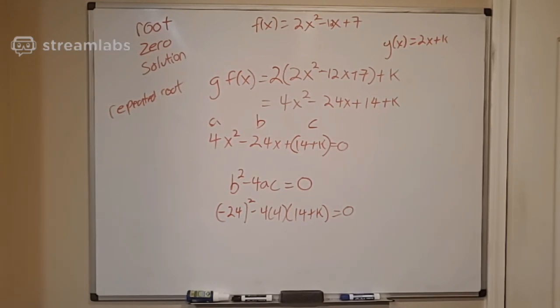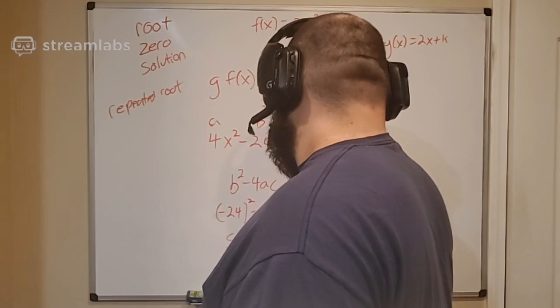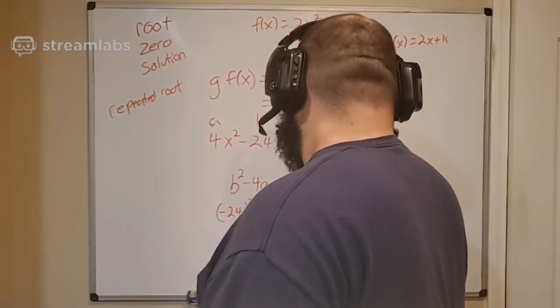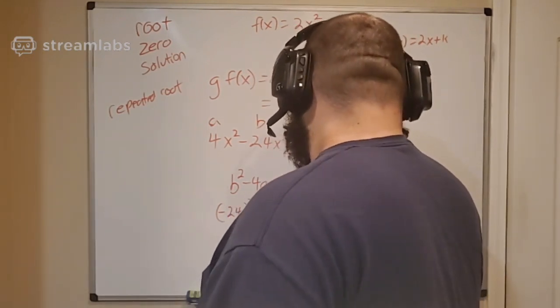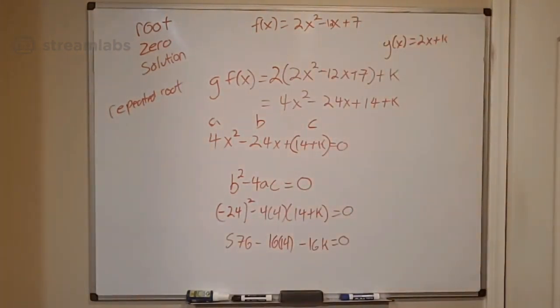So you get 576 minus 4 times 4 is 16. Whatever 16 times 14 is, minus 16k equals 0. So we get 16 times 14 is 224.